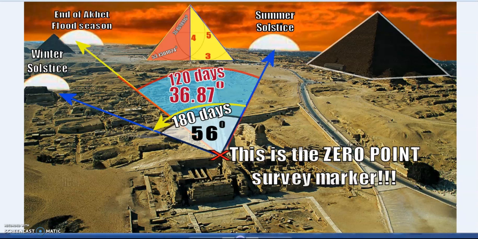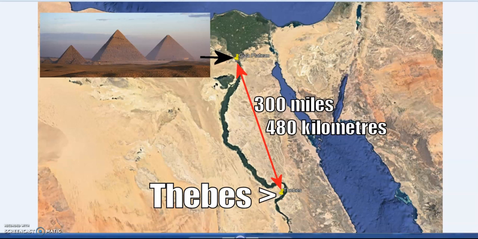The geometry of the pyramids itself, not just at the summer solstice, sets between Khafre and the Great Pyramid, creating the Akhet symbol, the emblem of the inundation cycle.